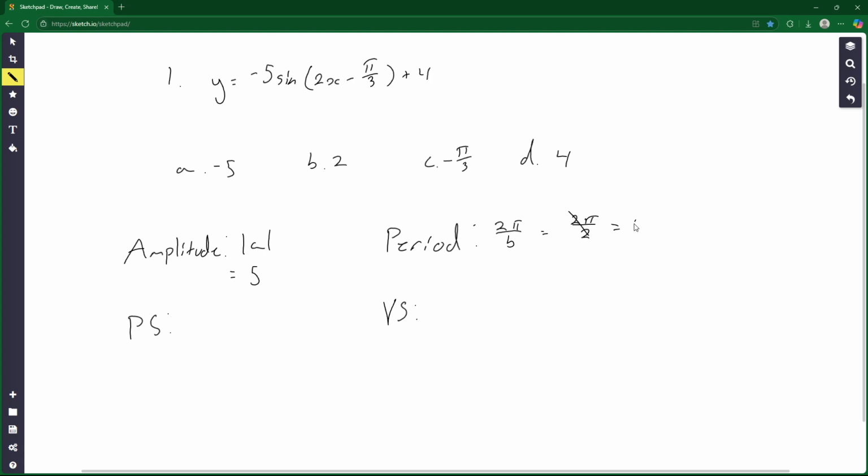The 2's cross out, so we are given pi. Phase shift is c over b, so that is going to be negative pi over 3 over 2. That is just going to be equal to negative pi over 6.